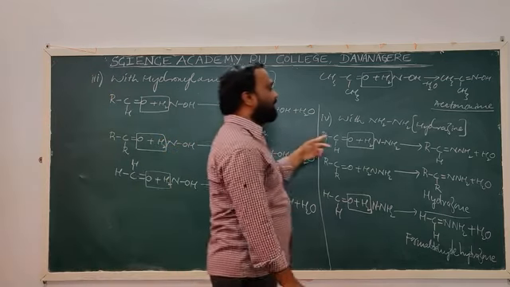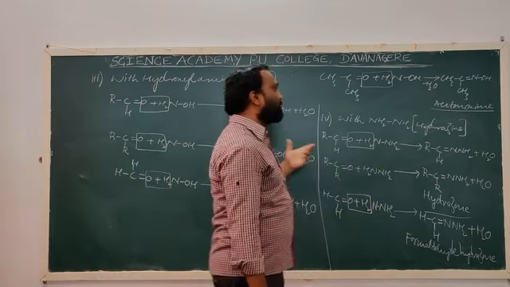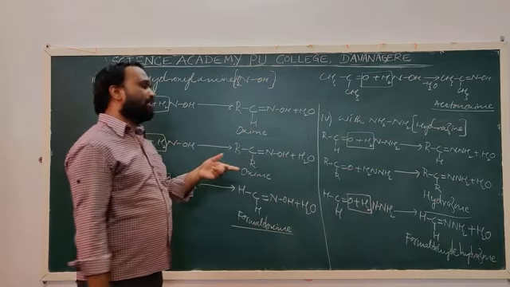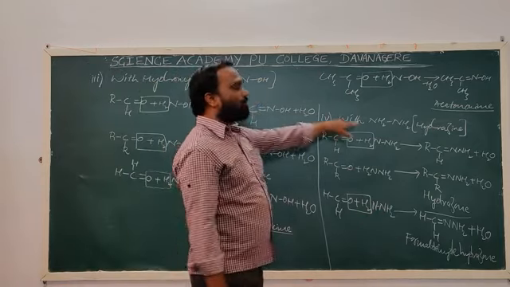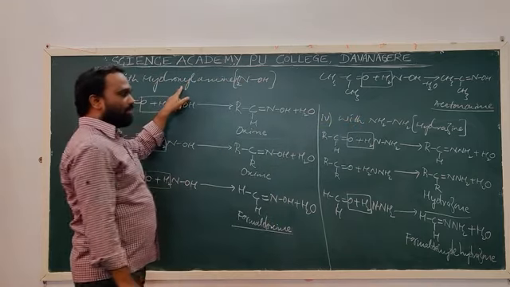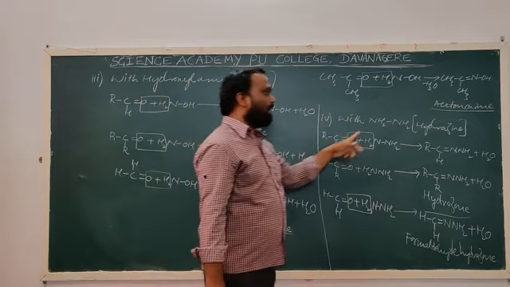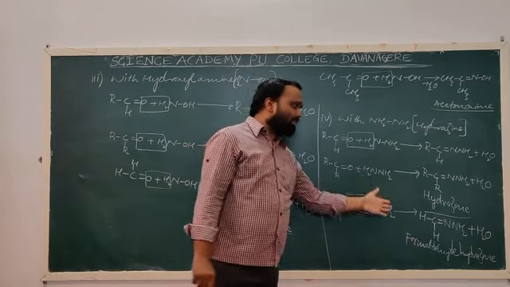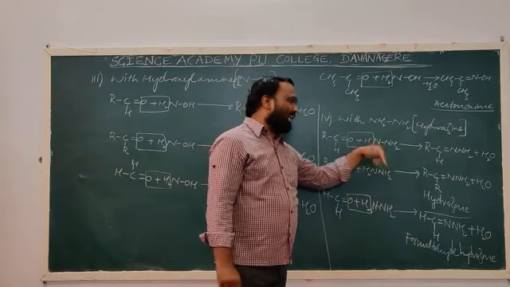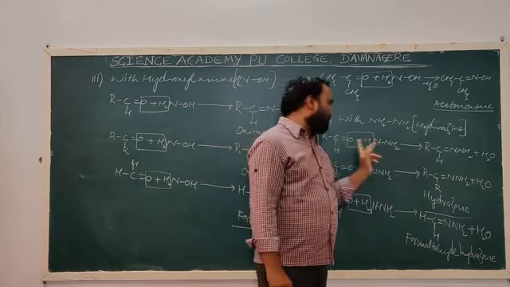Next reagent is hydrazine. Very easy to remember the name hydrazine. Replace this OH by NH2 in hydroxylamine, so you will get the formula of hydrazine. Similar reactions here, just OH is replaced by NH2.